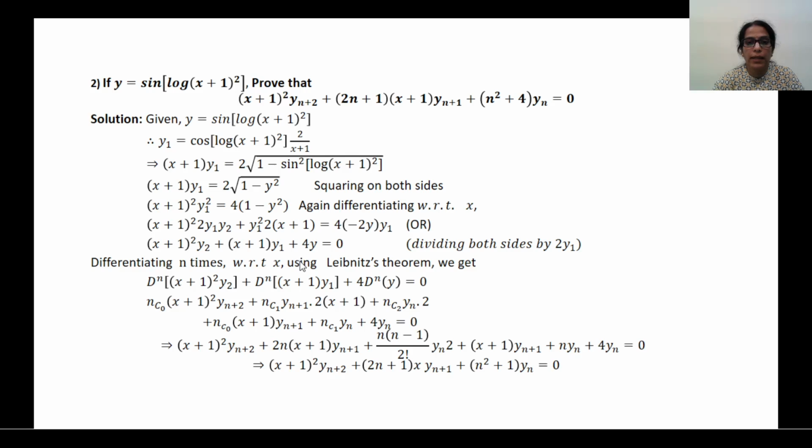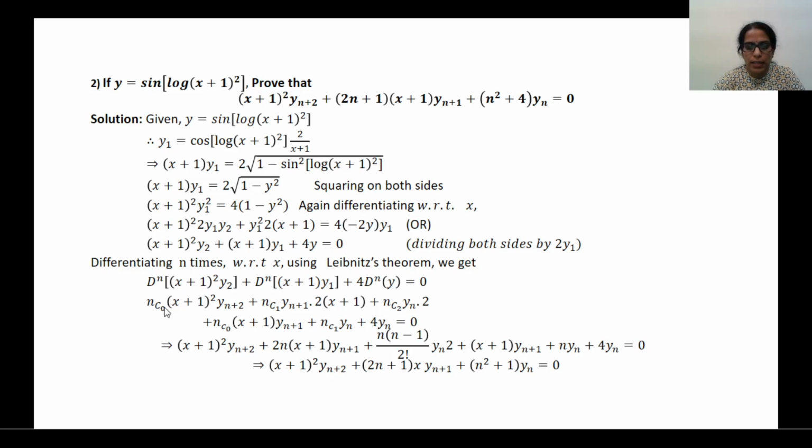Now apply Leibnitz theorem. Find the nth derivative of x plus 1 whole square y2 for this term, again applying the Leibniz rule, and the nth derivative of 4 into y equal to 0. I hope you remember the Leibniz rule.